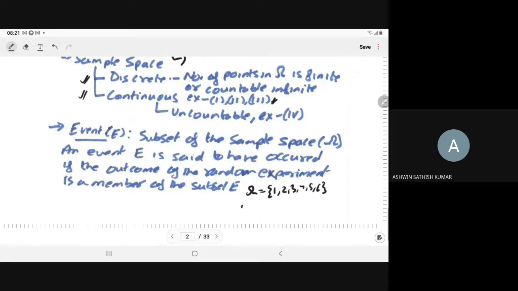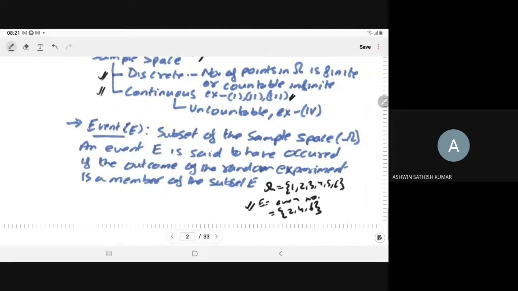Now we want the event of an even number, which is 2, 4, and 6. If you have either 2 or 4 or 6, then we say event E, the event of the even number, has occurred.